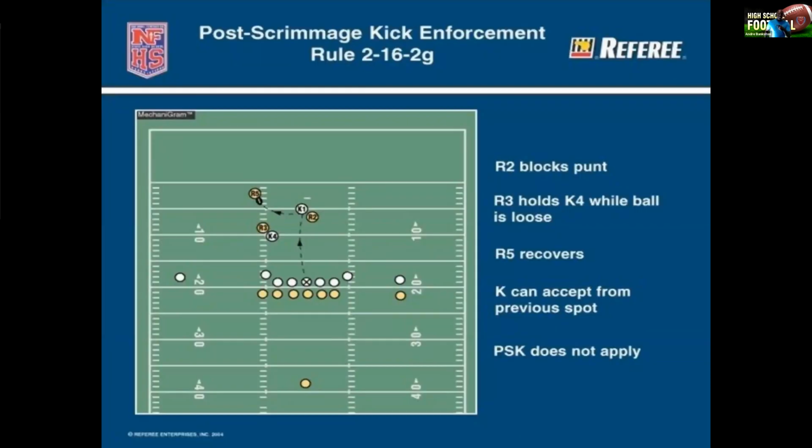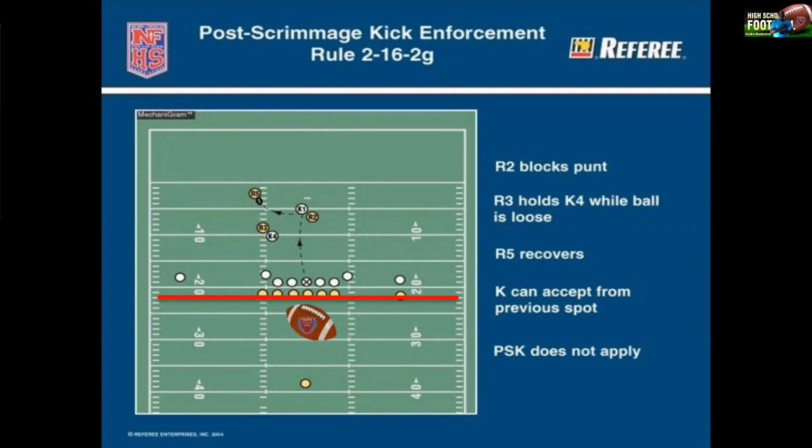All right, so let's look at this right here as an example. That line right there is the expanded neutral zone. Okay, so this is what would not be a PSK. R2 blocks the punt, but the ball never crosses the expanded neutral zone. R3 holds while the ball is loose.